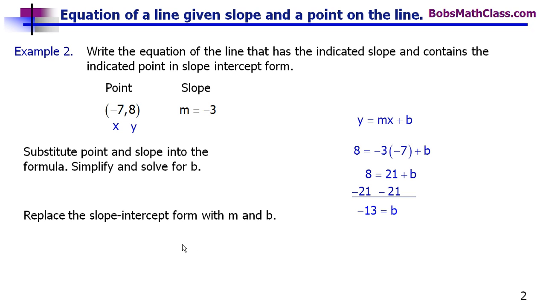So now we could replace the slope-intercept form with m and b. Slope-intercept form is y equals mx plus b. So replace m with negative 3 and b with negative 13. And then we're done.